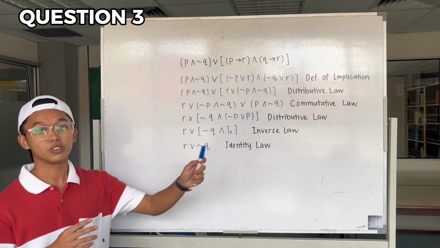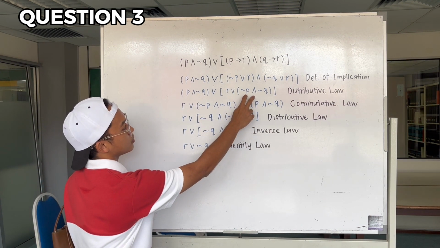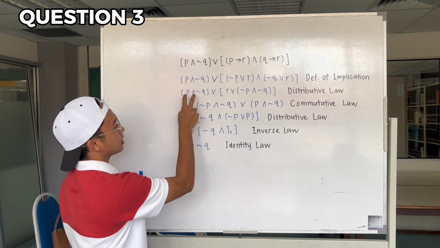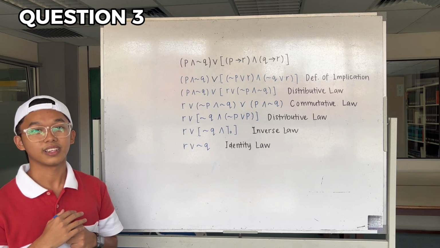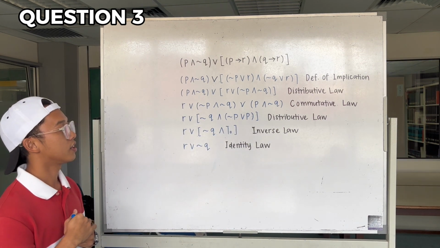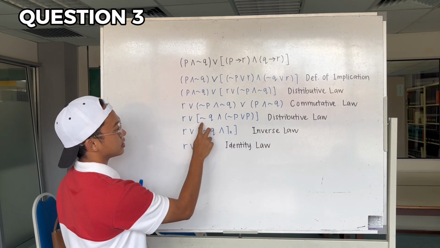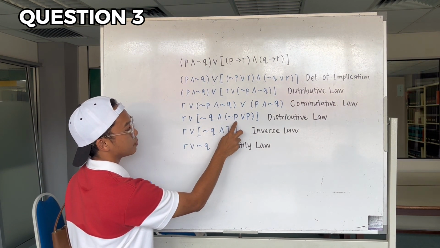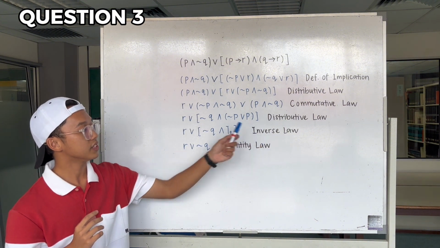And then we use the commutative law. We change the position from this into the front and this into the behind. Okay, next we use the distributive law. We simplify this into this, which is negate Q and negate P or P. Next, we use the inverse law.